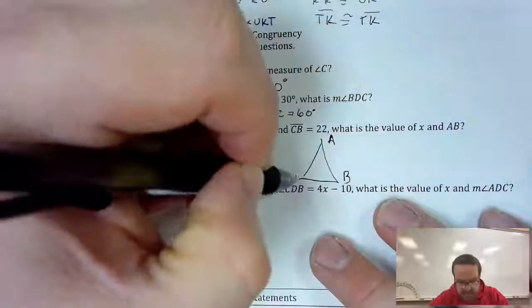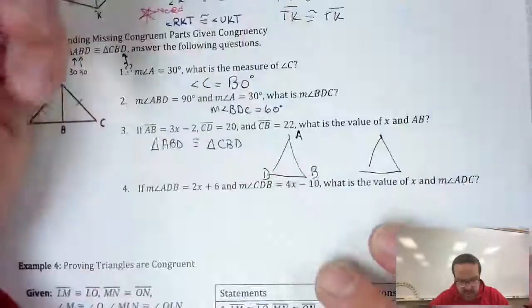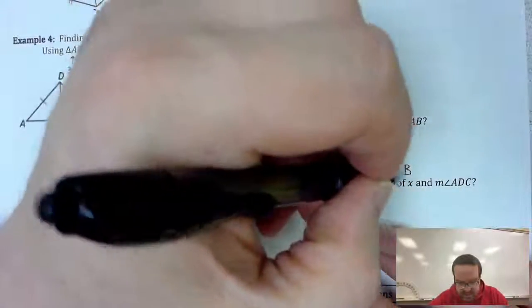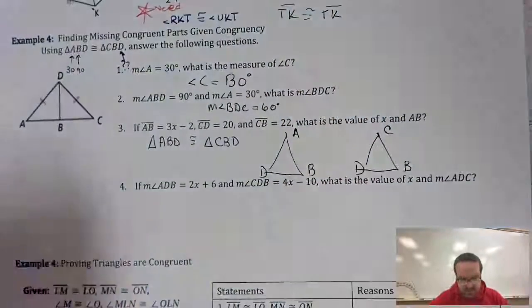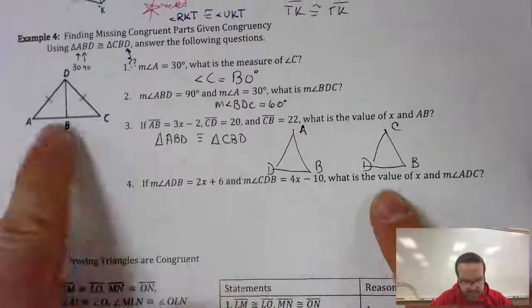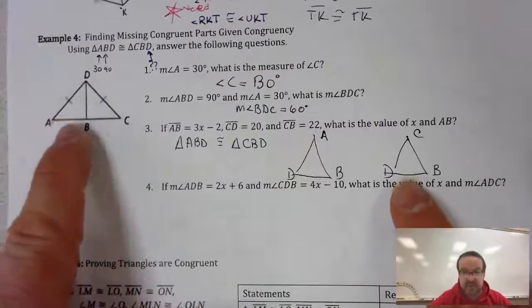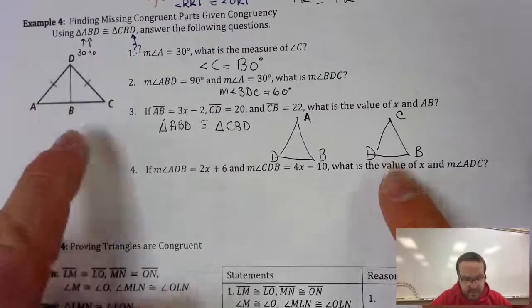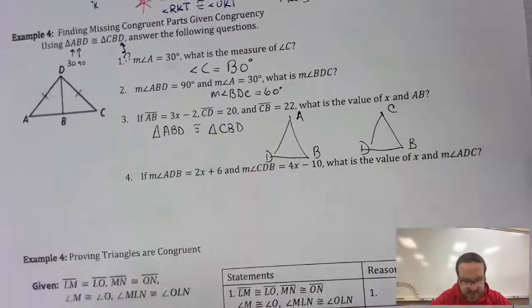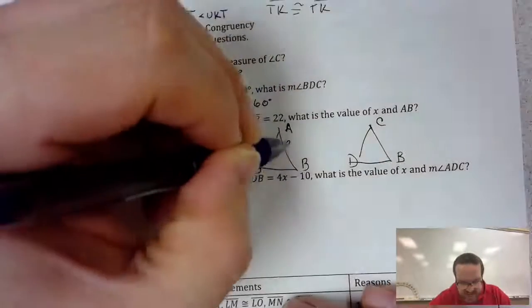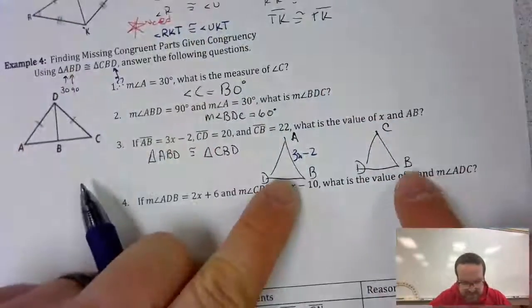You could even see it right here, I guess would be a better picture of it, just kind of separating it out. So AB says it's 3x minus 2. Again, we know it corresponds to CB. CD is 20, and CB is 22.